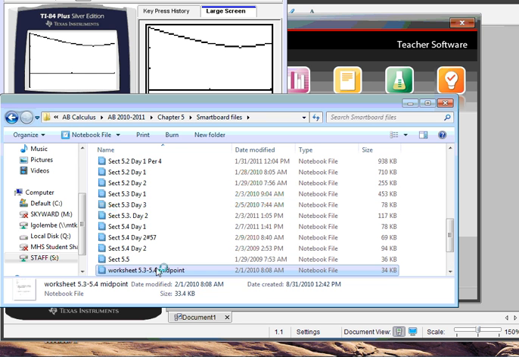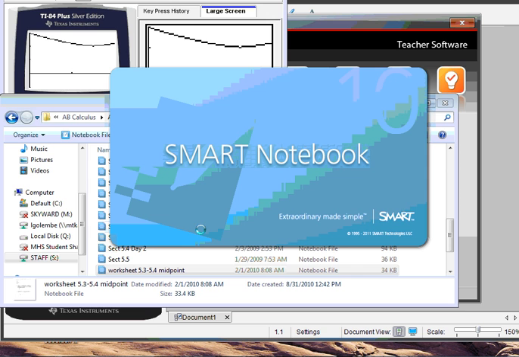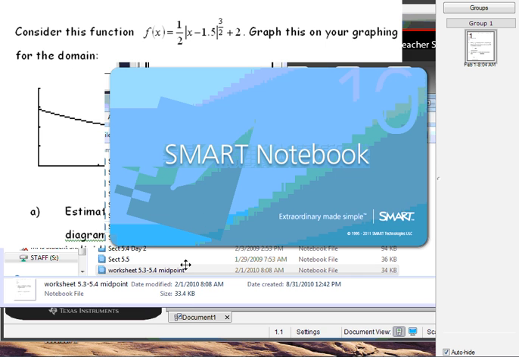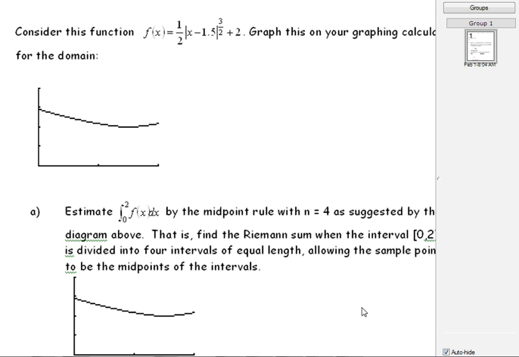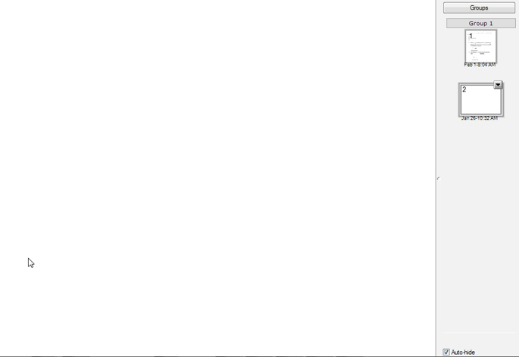There it is. On the exam, they'll tell you if they want midpoint or if they want right Riemann sum, left, and it's called a Riemann sum, right ram and left ram. Okay, now I can do this.